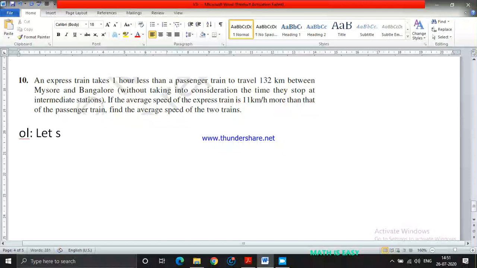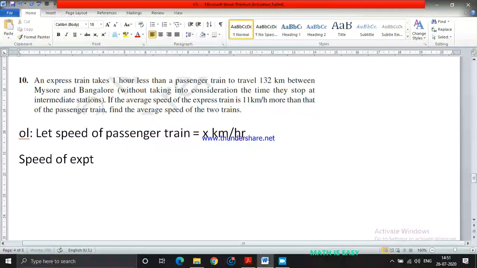So let the speed of the passenger train be x kilometers per hour. Then the speed of the express train is 11 kilometers more than the passenger train, so that is x plus 11 kilometers per hour.